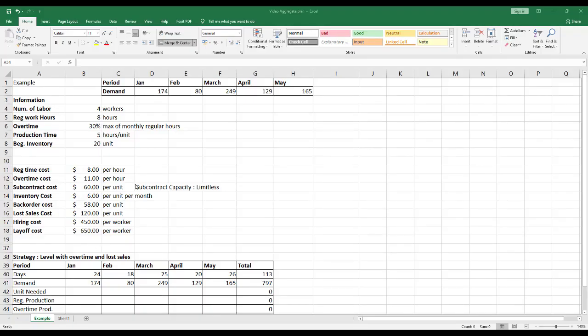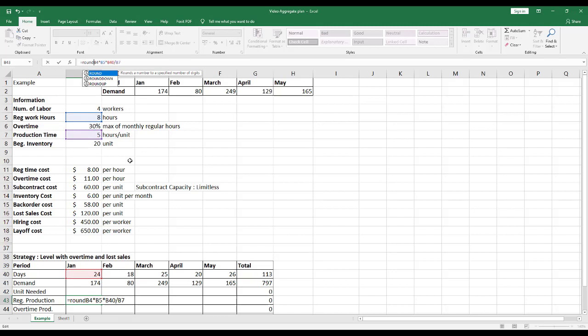Like the previous video, we just have to calculate the regular production first. Don't forget to use round up because the example stated that we have the assumption of rounding up the unit produced in regular production and then in overtime production and also in the workers needed.